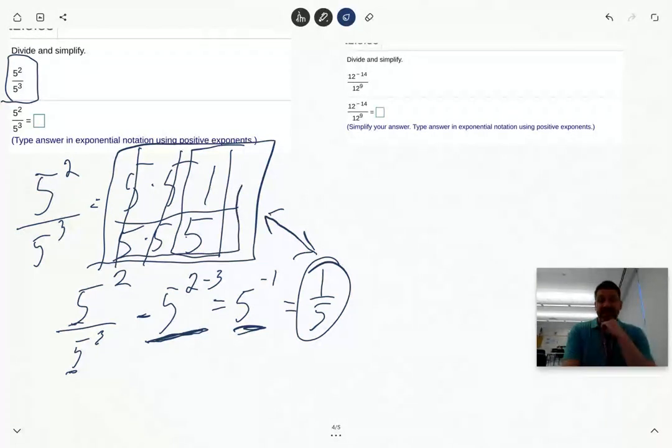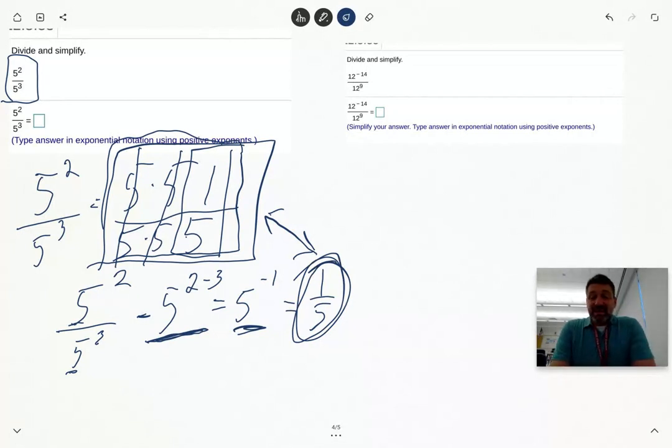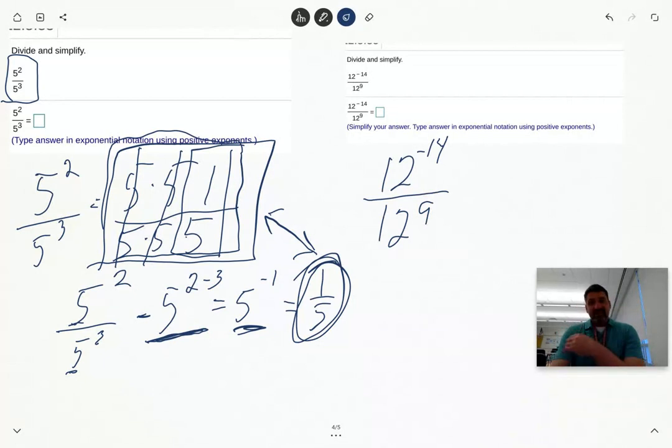I just wrote it in expanded form to show you what's happening. But all you need to know is that you can subtract your exponents there. Okay, so along the same lines, if I have 12 to the negative 14 over 12 to the 9, instead of writing that in expanded form and writing all those 12s, all I have to do is 12 to the negative 14 minus 9.